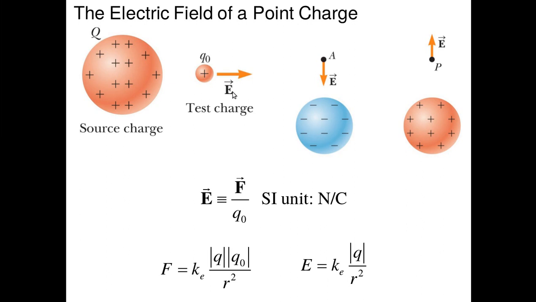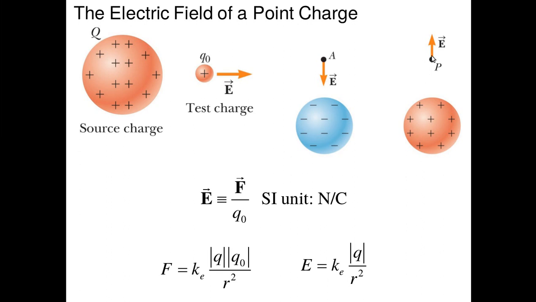The electric field is going to point in the direction that a positive test charge would travel if it was placed at that location. So if we had a negative source charge and we put a positive test charge at some location, the electric field would be pointing towards the negative charge.